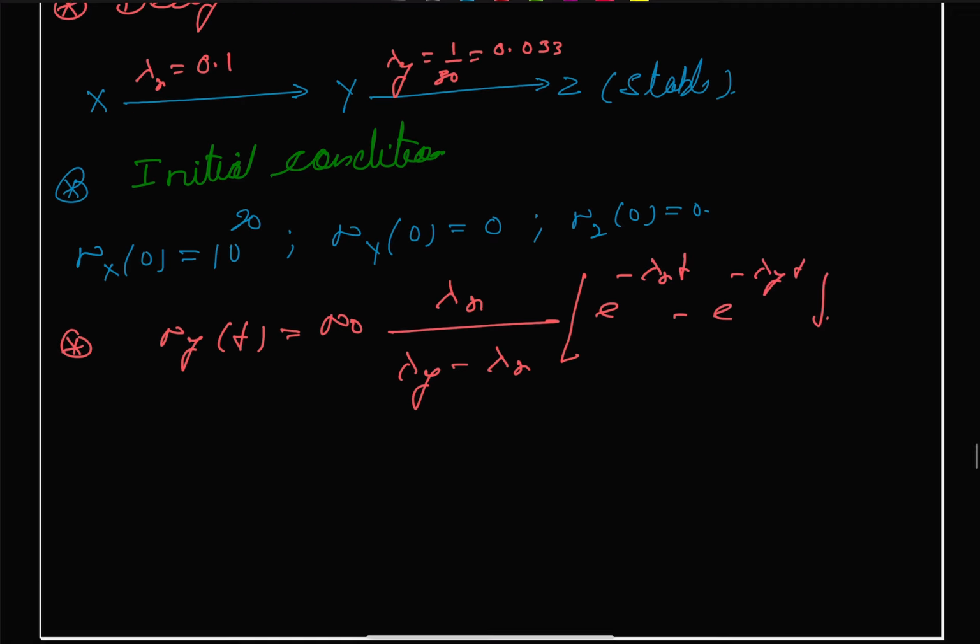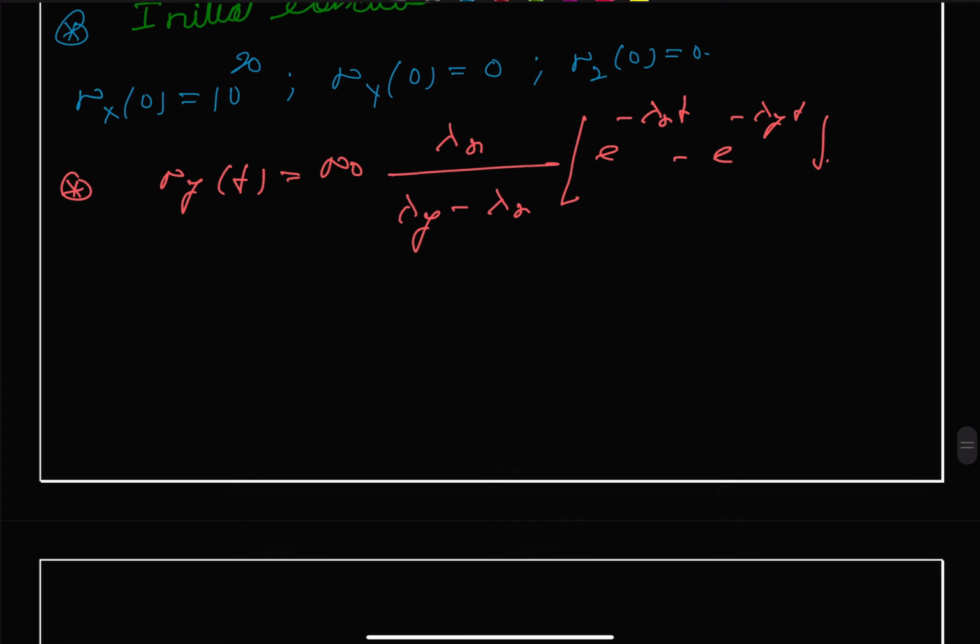We can just directly formulate our rate equation by the derivative. So we can write the rate equations. First is the derivative of n of x with respect to time t, and this will give us minus lambda x n of x.